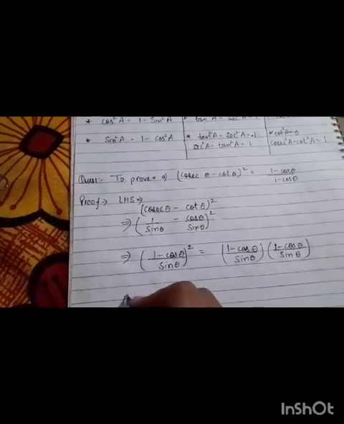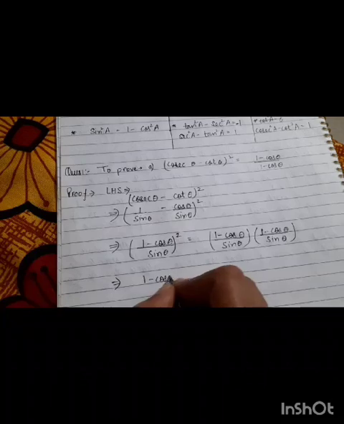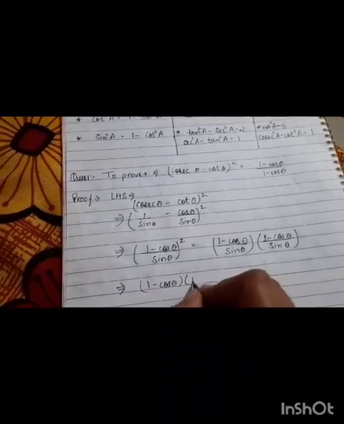Now what is the value of sine square theta? We have learned in identities that sine square theta is 1 minus cos square theta.